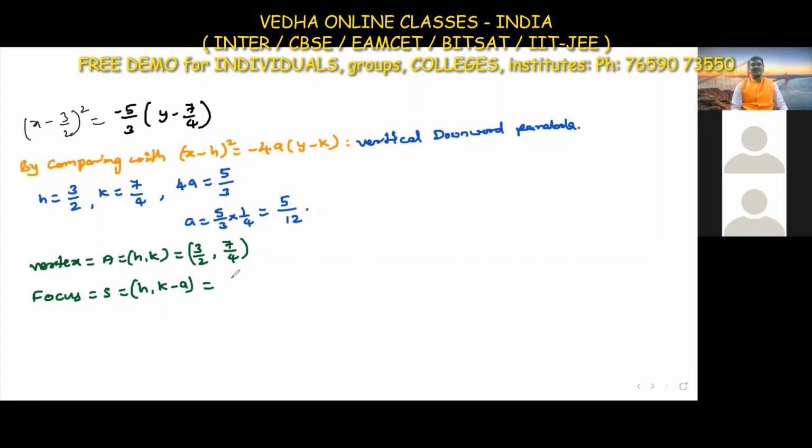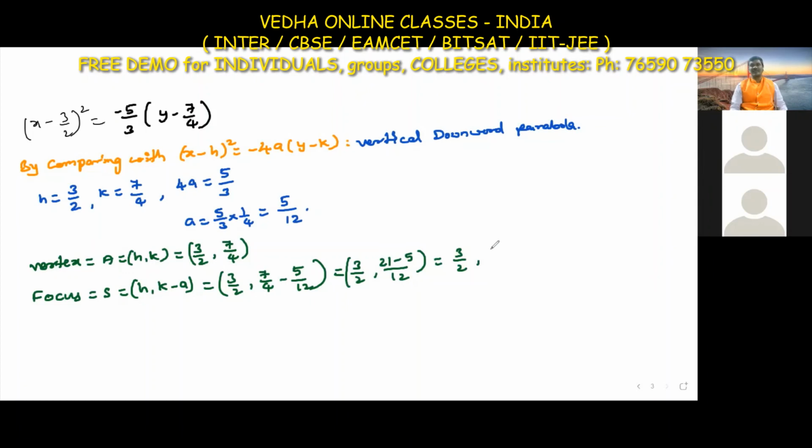What is the h value? 3 by 2, and k is 7 by 4. 7 by 4 minus a, which is 5 by 12. So this is equal to 3 by 2 comma, and the LCM is 12. 4 threes are 12, so multiply by 3: 3 sevens are 21, minus 5.